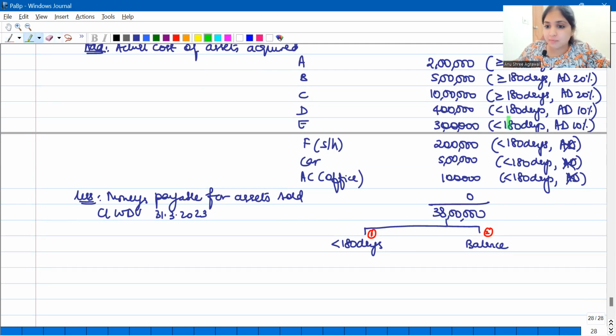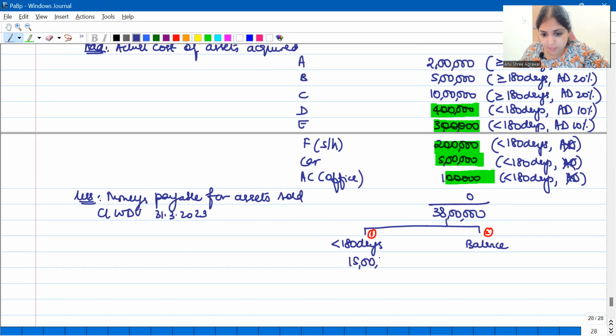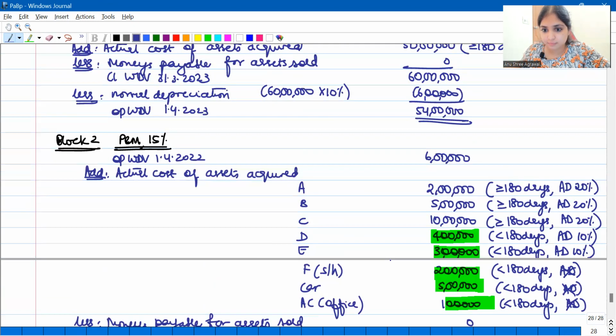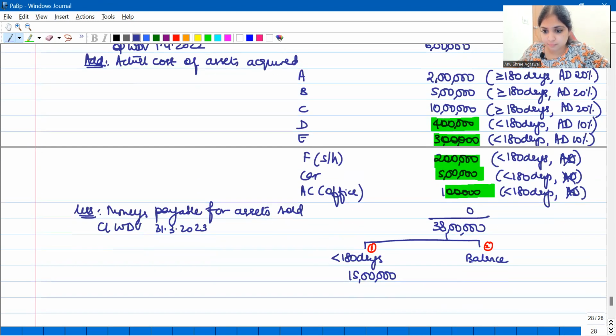So what are the less than 180 days numbers? All of these are less than 180 days numbers, guys, which is going to be 4 lakh plus 3 lakh plus 2 lakh plus 5 lakh plus 1 lakh. So 15 lakhs of less than 180 days and everything else balance, which is the balance 23 lakhs.